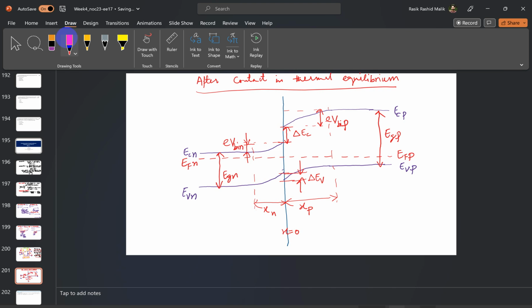So, and the bending in the conduction band and in the valence band, we will have the similar bending in the vacuum level.